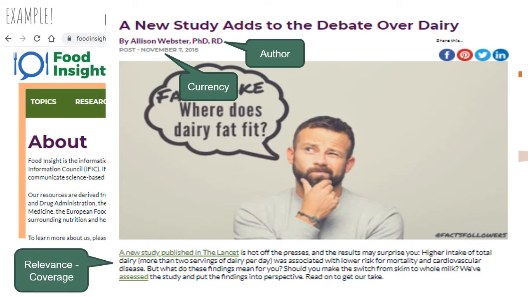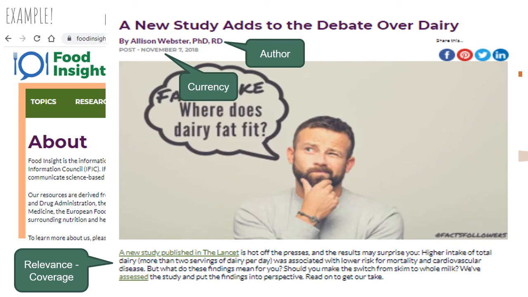And look here, the first subtitle: new study published in the Lancet is hot off the presses, and the result may surprise you. Higher intake of total dairy, more than 2 servings of dairy per day, was associated with lower risk for mortality and cardiovascular disease.